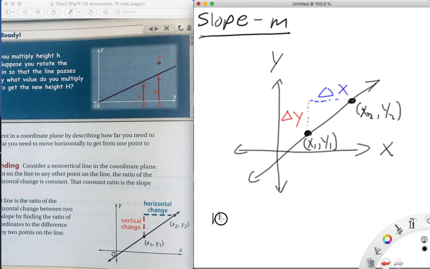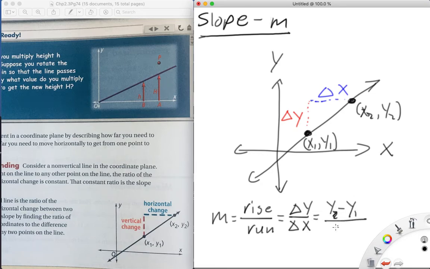We call it rise over run, which is the vertical change, the change in y, over the horizontal change, the change in x, which is the second y coordinate minus the first over the second x coordinate minus the first: y2 minus y1 over x2 minus x1.